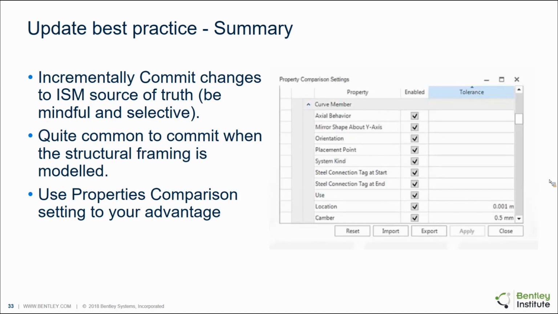And then in parallel, the two can work together as you add more structural detail, more structural information in Revit, push that to ISM and try to pull that into RAM Structural System. Okay, there's nothing stopping you doing this push and pull between these three domains.